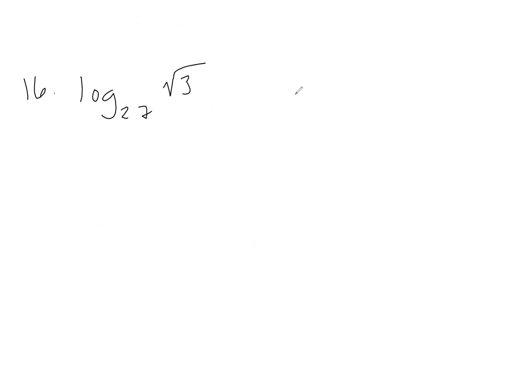So if you did 27 to the x power, that's correct. And then that's going to give you the square root of 3. And then I'm going to go ahead and change the square root of 3 to 3 to the 1/2.